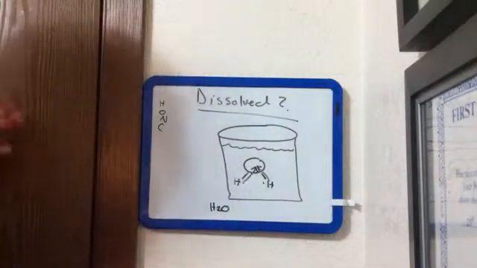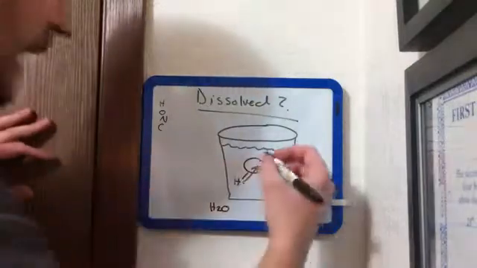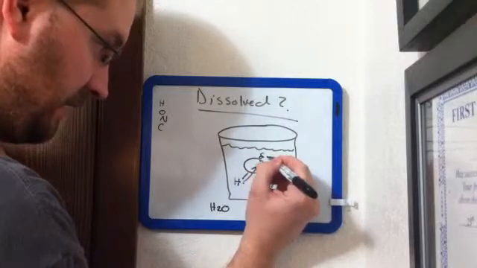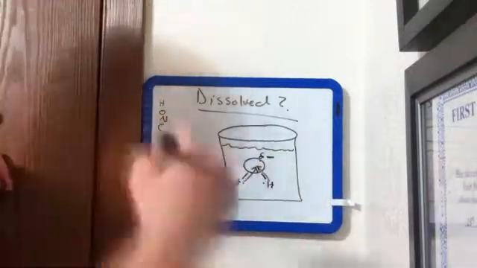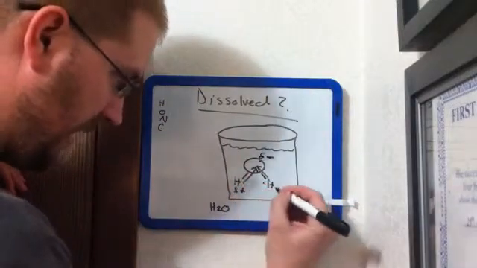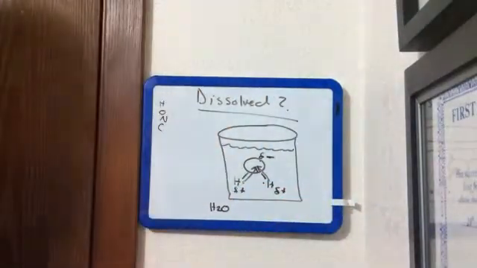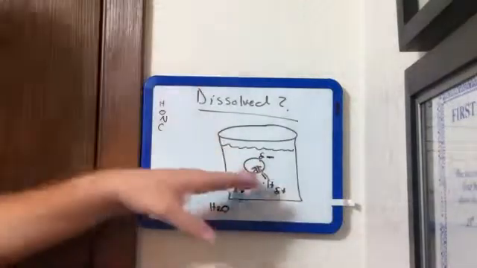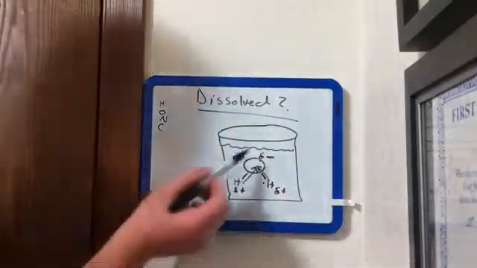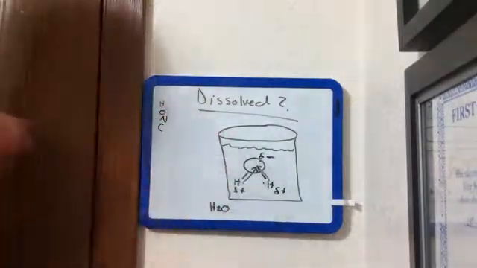And what that does is create what we call a dipole, where oxygen is partially negative because the electrons are spending more time there, and the hydrogen becomes partially positive. Okay. So this is a water molecule. That's why we call water molecules polar, because it has this partial negative and partial positive pole.